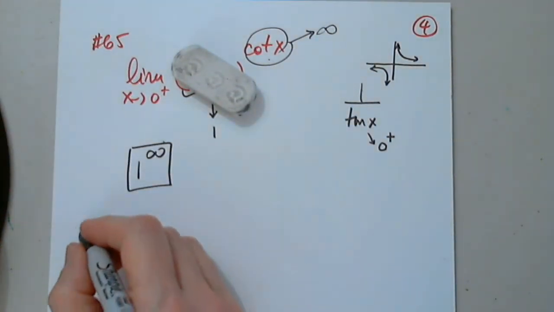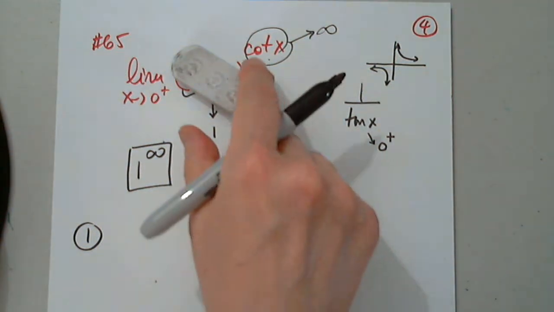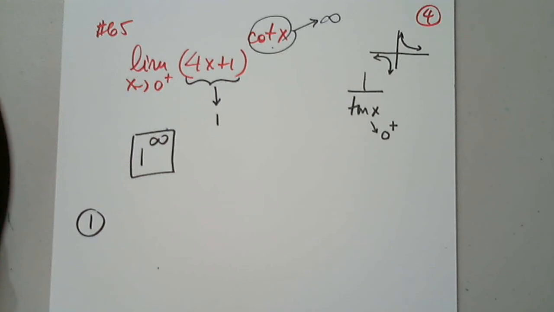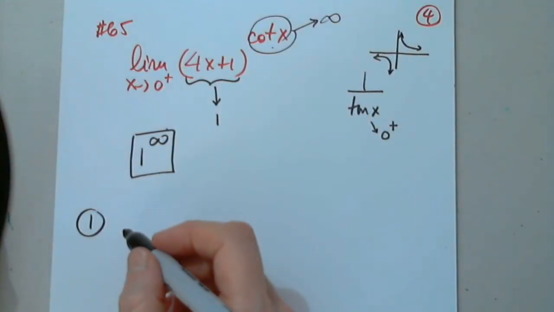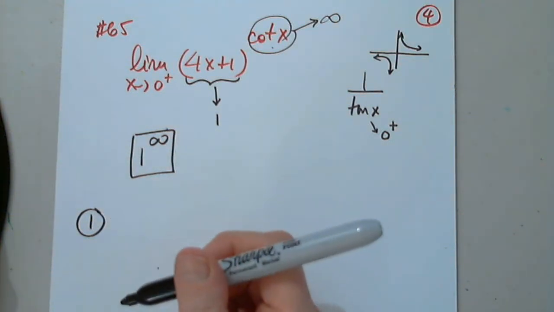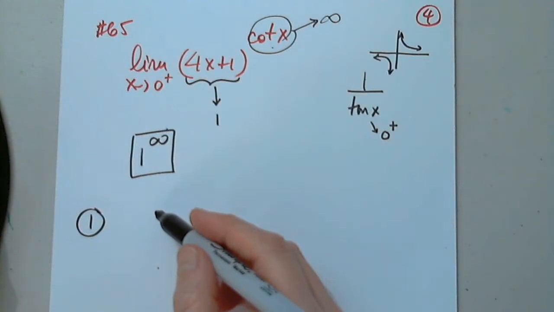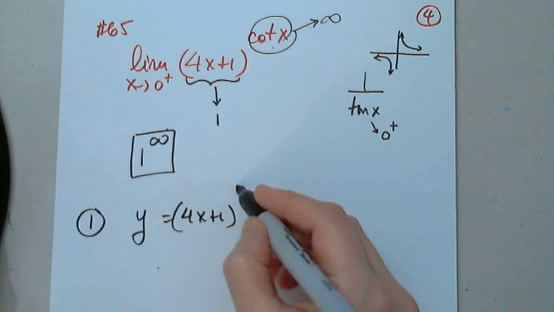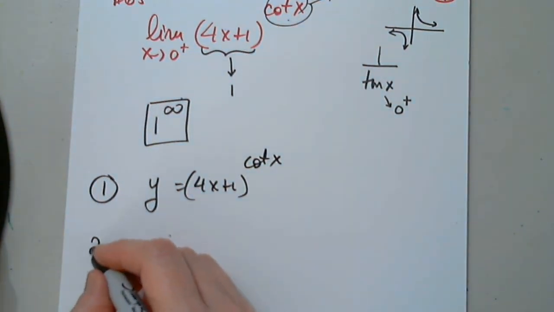What did we say we had to do in the first step? We named the function, right? What do we do in the second step?